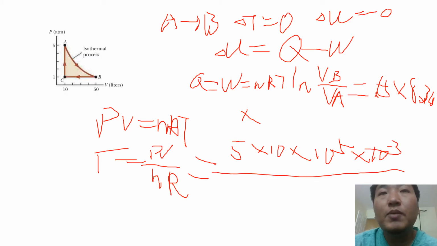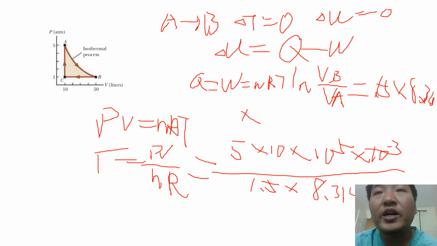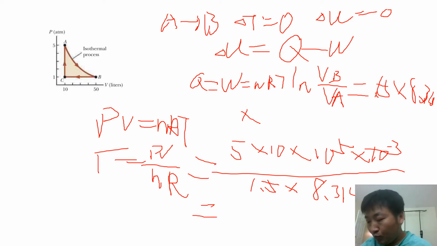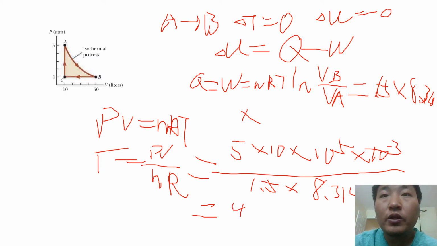So divided by nR, n equal to 1.5 and R equal to 8.314, and plugging in everything, we get the temperature as around 406.2 Kelvin.